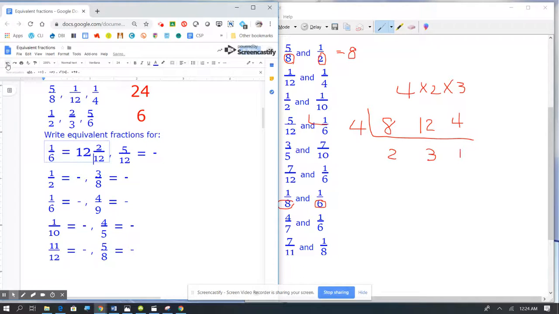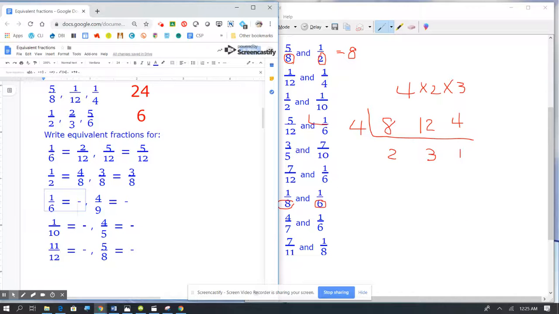This one will be 5 over 12 because we didn't change the denominator. For this one, you're going to do 2 times 4, which is 8, right? Since you change the bottom to 8, the top will be 4 so that you match the original one.